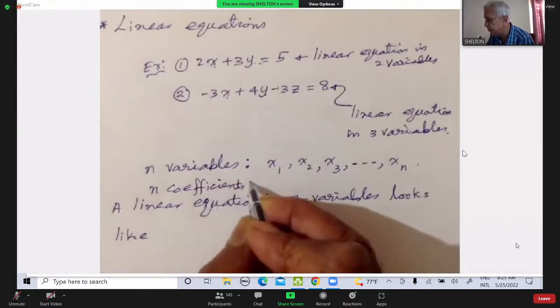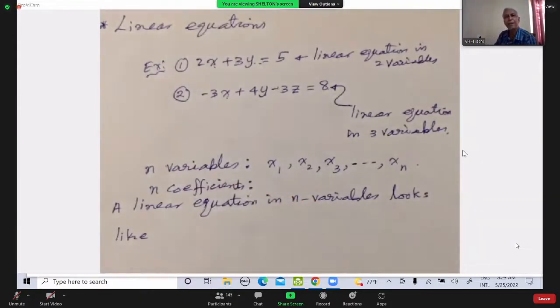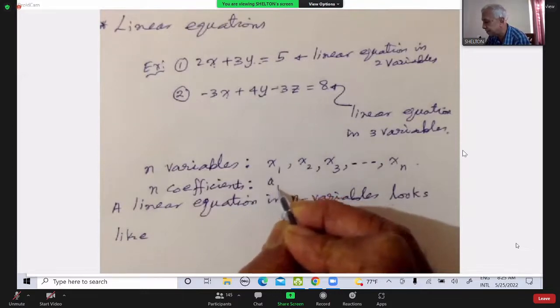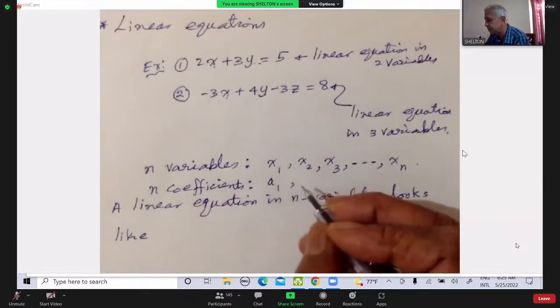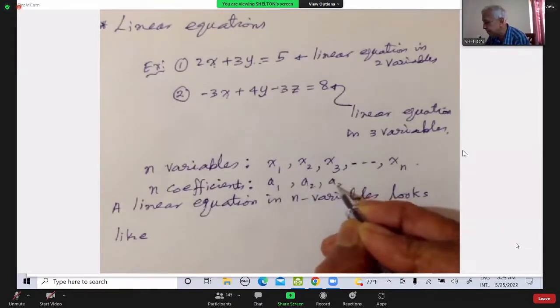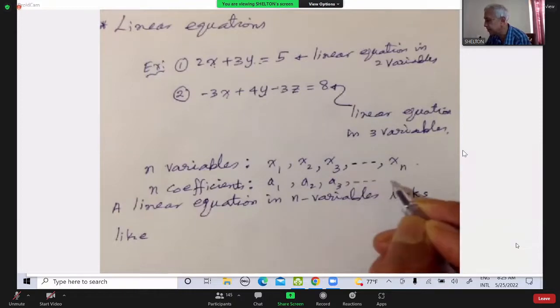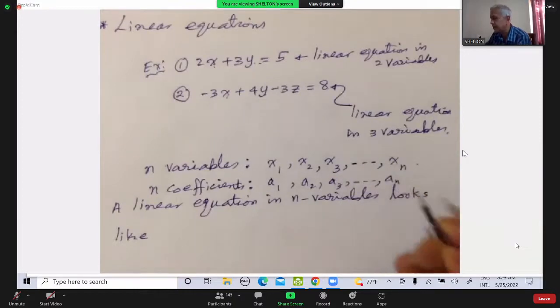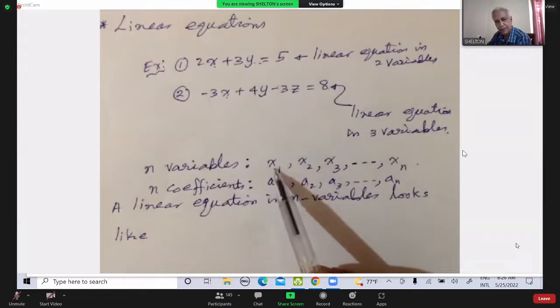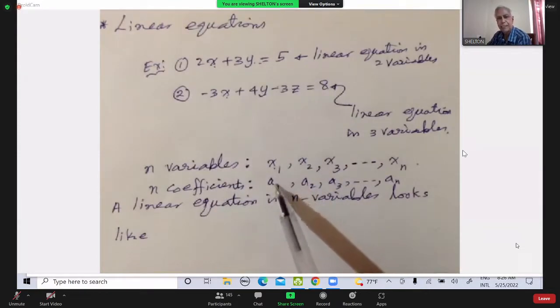Coefficients. N coefficients, again I need n numbers. In variables, we use this. In coefficients, I need n numbers. Let us call the numbers a1, the number that goes with x1, then a2, a3, dot, dot, dot, an. I need n coefficients. So how do you form a linear equation? You multiply the variable by a constant.